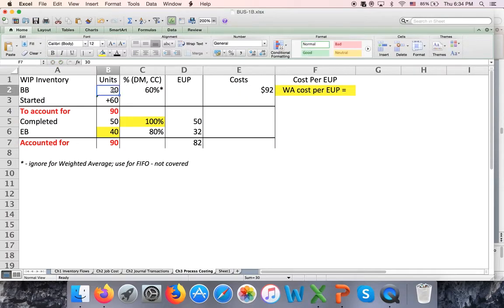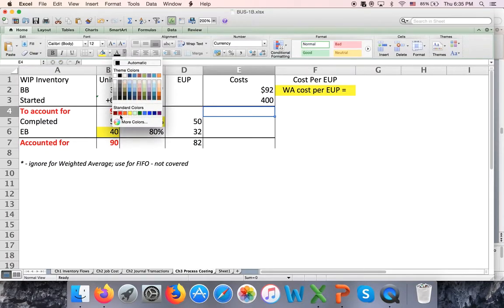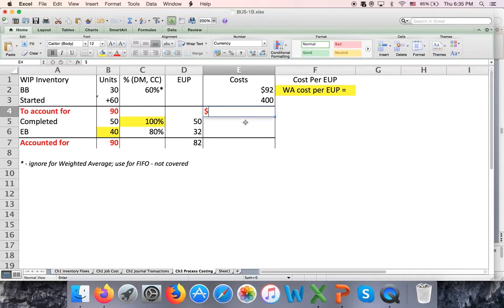Again, this is units, this is costs. And started would be, I'm making it up, $400. So together it is $492. And again, this is the amount we have to account for. Part of that amount is completed and transferred out, and part of that amount will stay with the engine balance, right? So together it's 492.